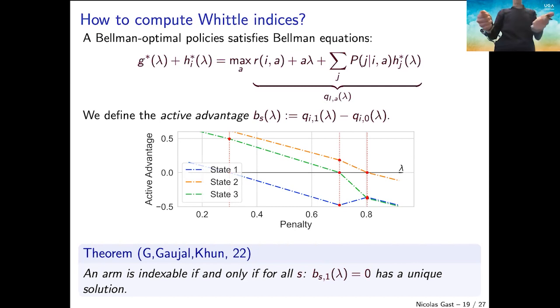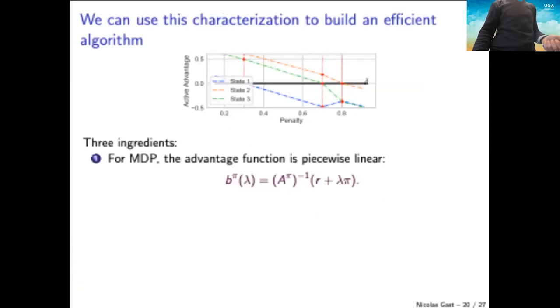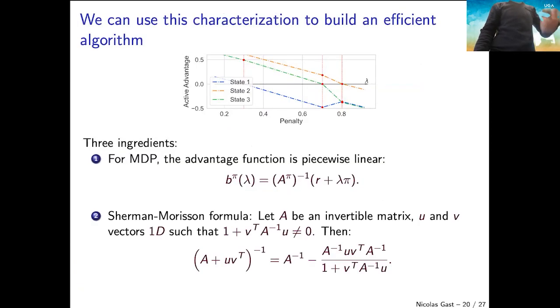You can put everything together, you mix it. Again, it's piecewise linear. There is something called the Sherman-Morrison formula that helps you invert matrices when you change only one line. I really like this formula, so I put it here. But if you don't know the Sherman-Morrison formula and you need to invert matrices, think about this.